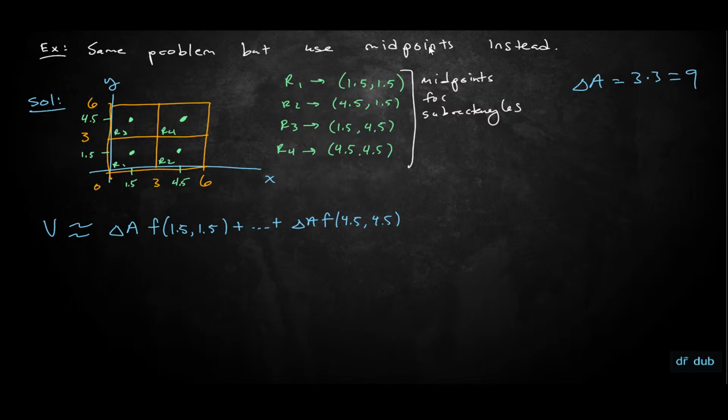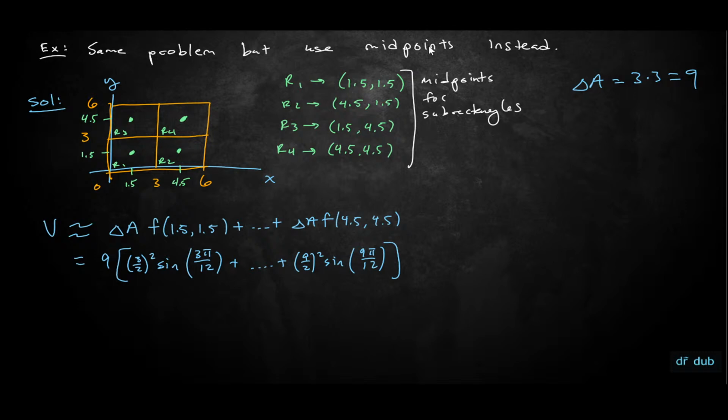And I should probably use the fraction equivalents of all these, but that'll be 9 times, let's see, (3/2) squared times sine of 3 pi over 12 plus dot dot dot plus (9/2) squared sine of 9 pi over 12.